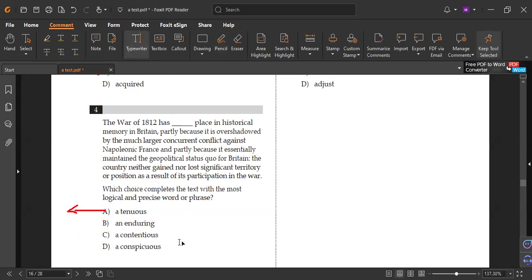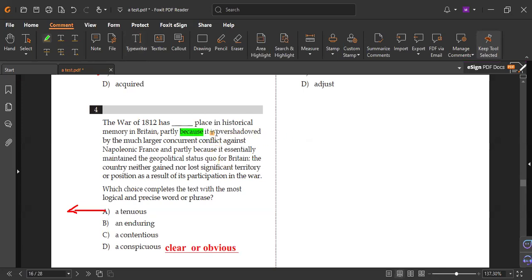So now let's revise the vocab. What does conspicuous mean? It means clear or obvious, yes or no? But it also has another meaning, like attracting attention. But here it says the word has what in history, called an historical memory in Britain. It says partly because, so this is the reason.